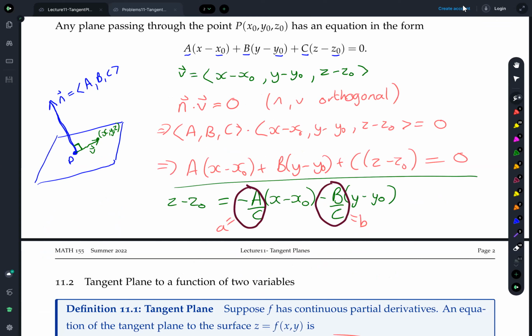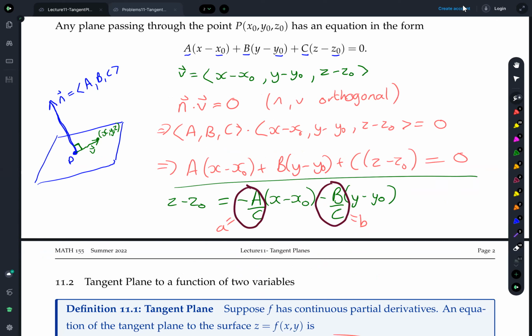We can also do a rearrangement of that. So if we take A times the X bits, B times the Y bits, and C times the Z bits is equal to 0, and we take the A and B parts over to the other side, divide throughout by C, then we end up with a minus A over C and a minus B over C as our coefficients in front of the X and the Y terms.